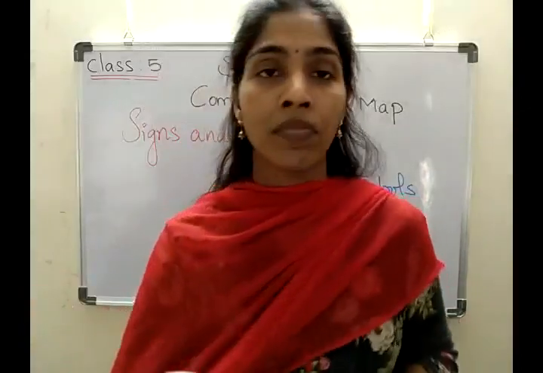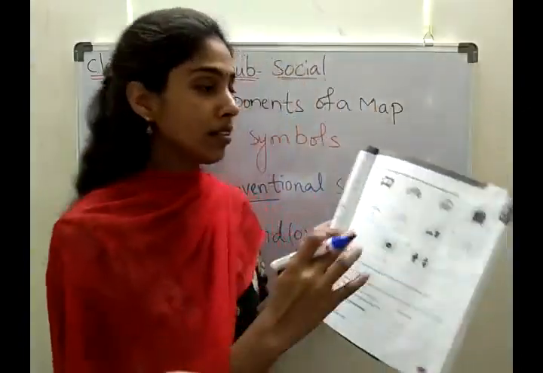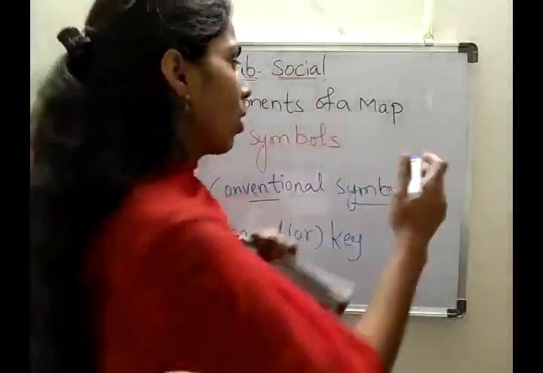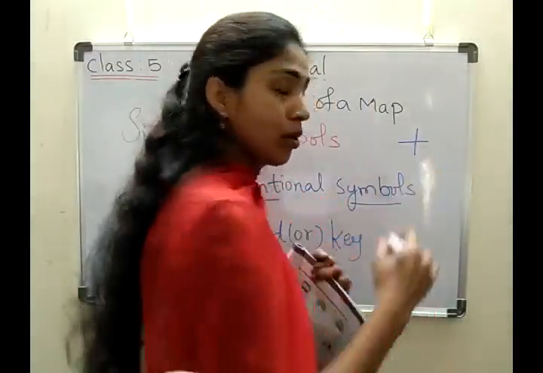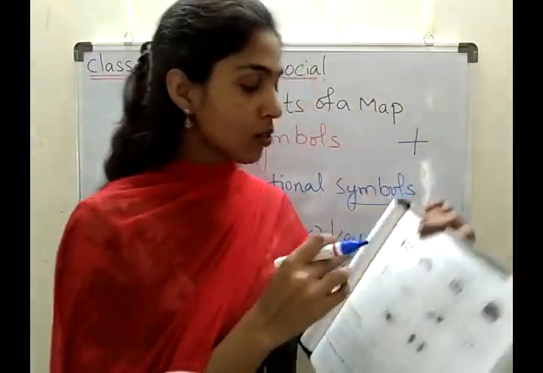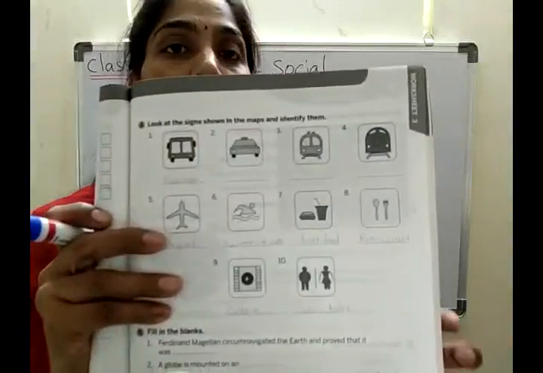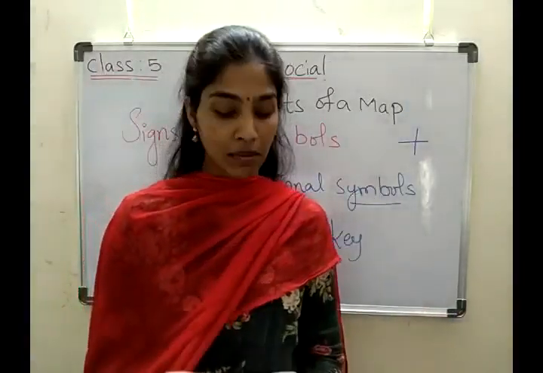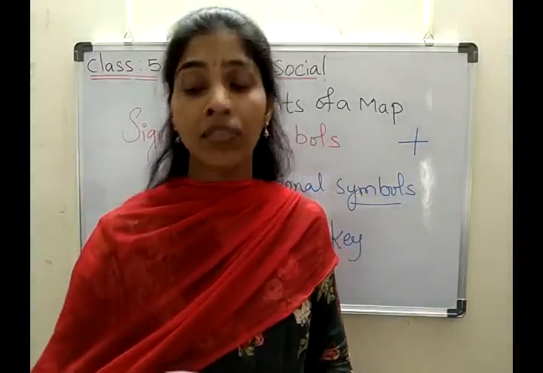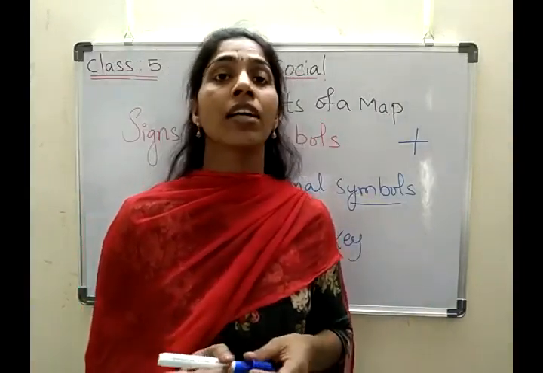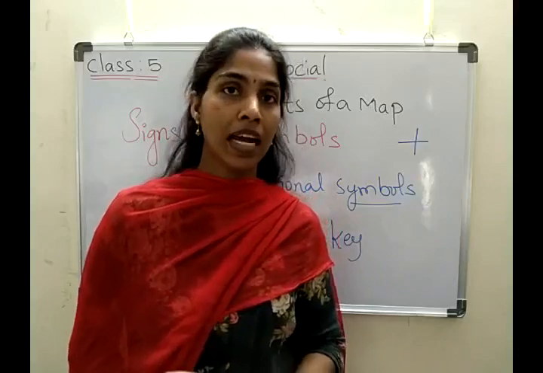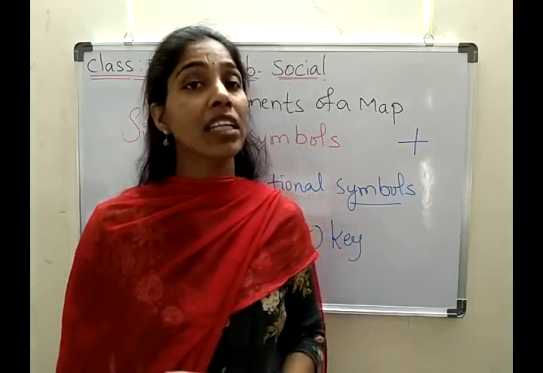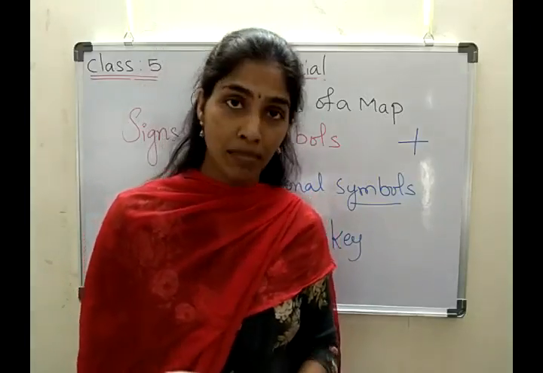So there are common symbols, and for hospitals we use this symbol, am I right? So these are the symbols. Am I clear, children? Now tell me, children, what we learned today? Very good. We learned the difference between globes and maps, right? And we learned components of maps.